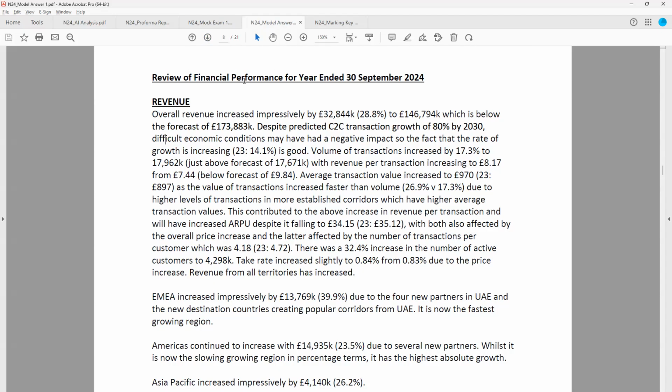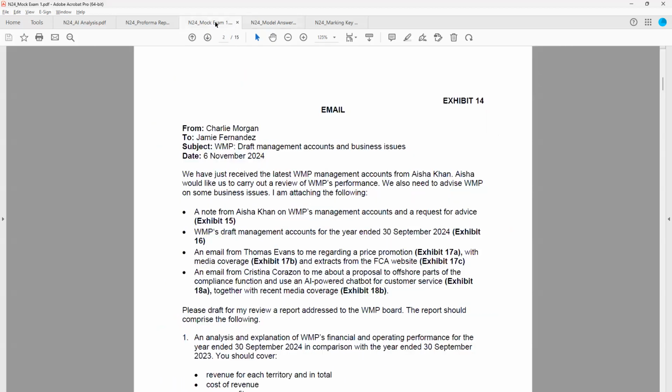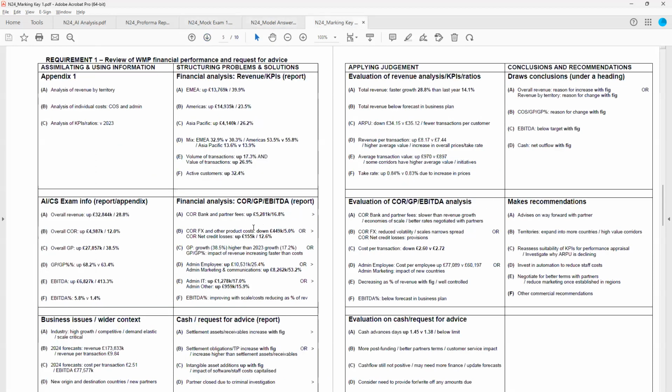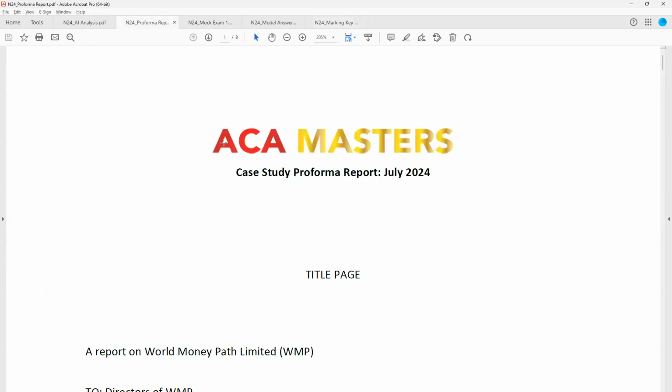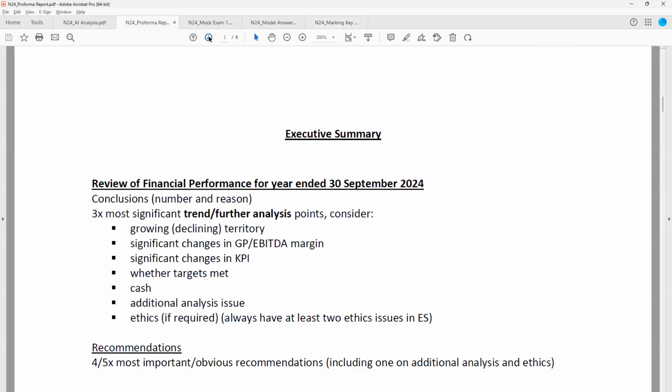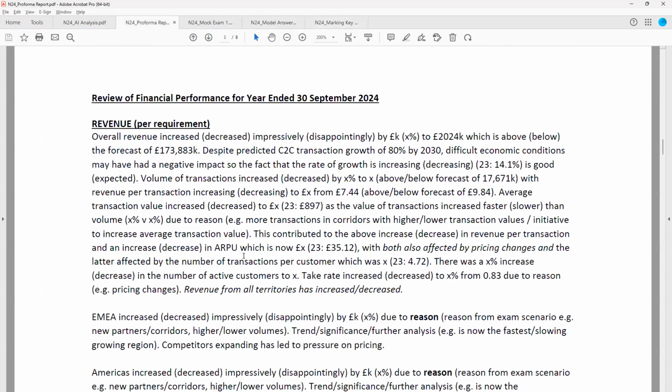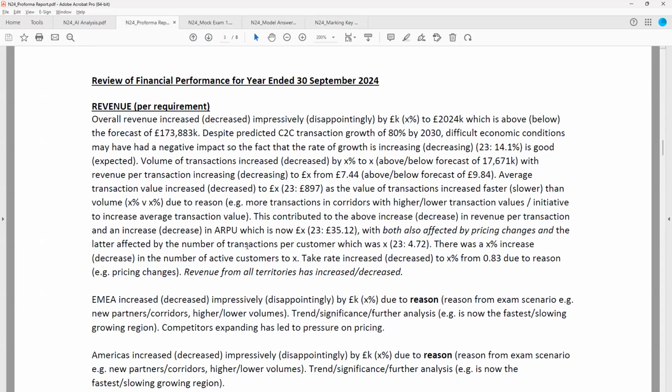I'll refer to my model answer for the mock exam and also the ICAEW style marking grids, which we provide for each mock exam. During the course, I will also be referring to my pro forma report, which you can bring into the exam with you, which reminds you of the type of points to include for each section.